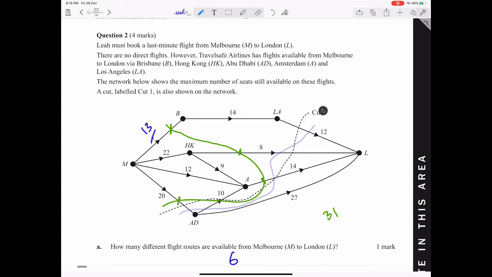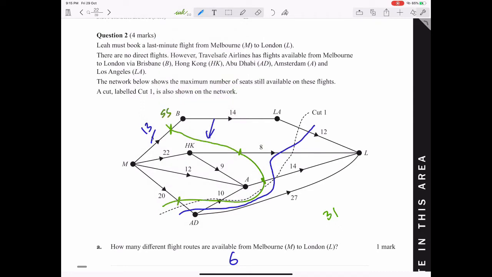So the cut in green is now, let me just calculate it, 13 plus 8 plus 14 plus 20. So that is 55, the cut in green, currently.